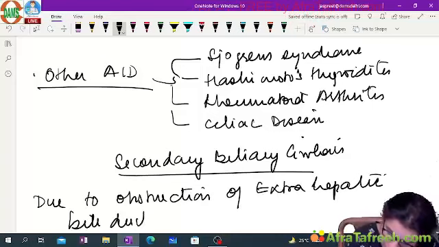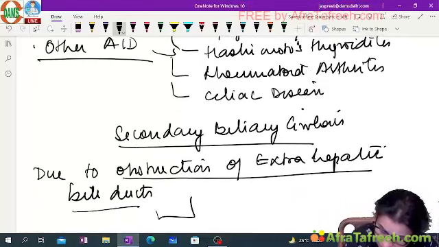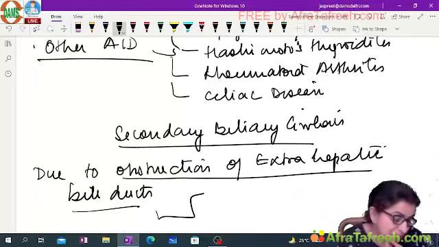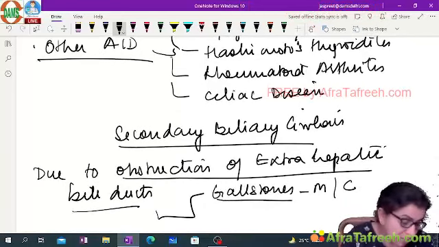Most commonly, these extrahepatic bile ducts are obstructed by gallstones.